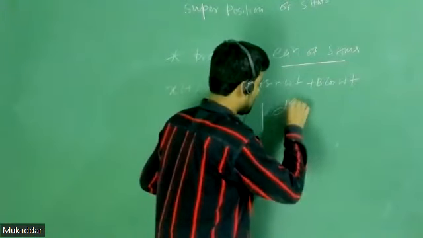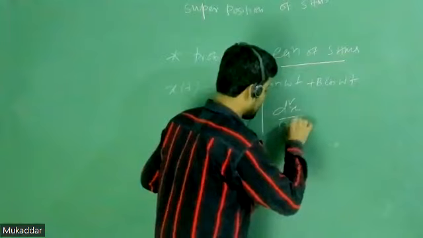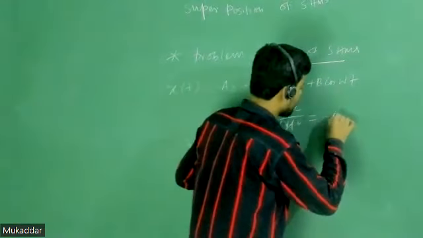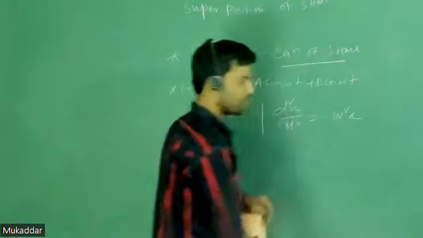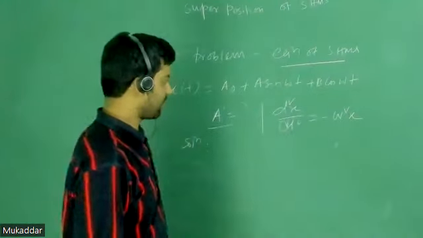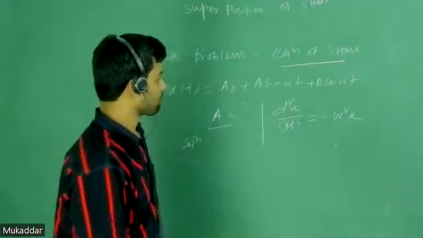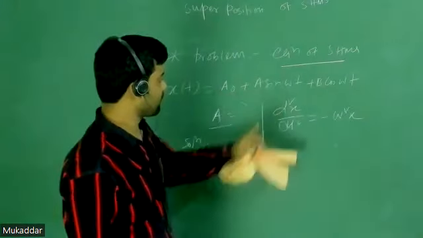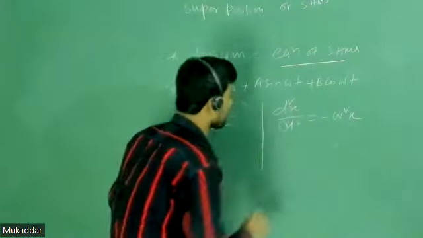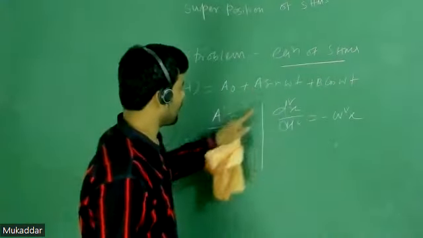For SHM, what will be del square x by dt square? That will be equal to minus omega square x. This is the equation of SHM. Now take del square x by dt square of this. What will come?